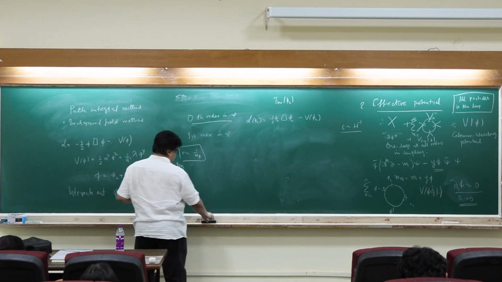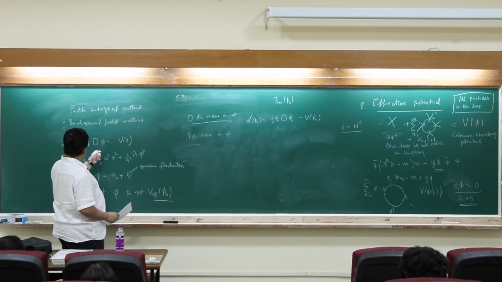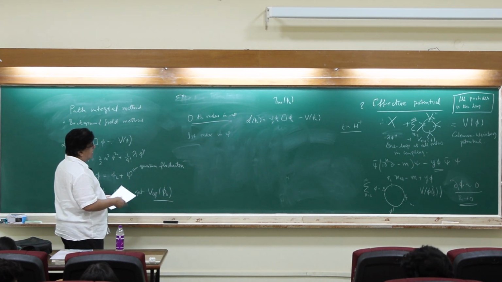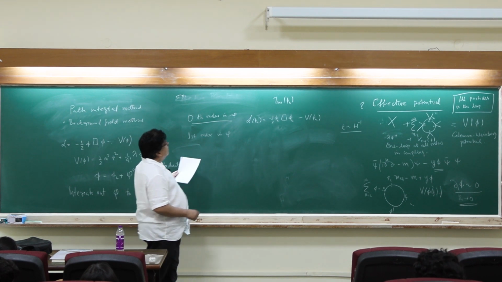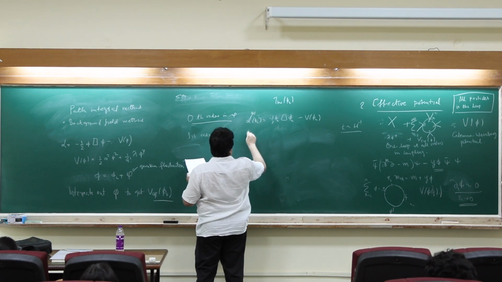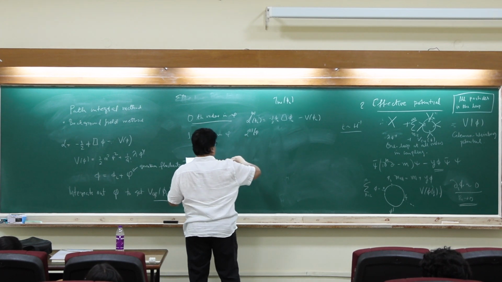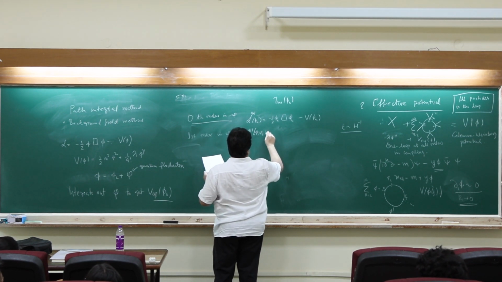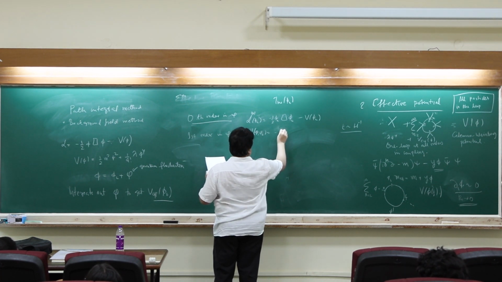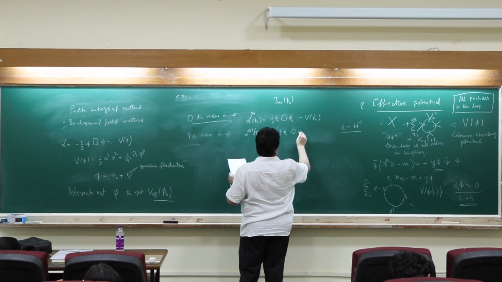Okay, so here what I have done is I have just put this in the potential in the Lagrangian and just collected order by order. So this will be zero, and L1 will be a function of phi and phi b, minus half phi b box phi.